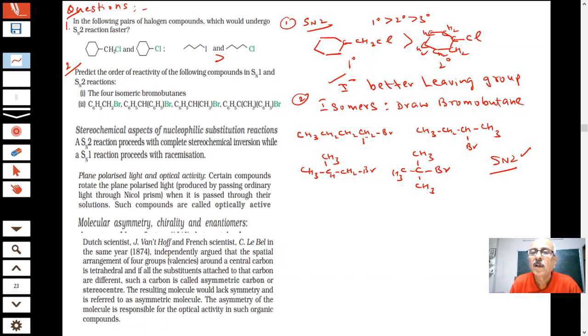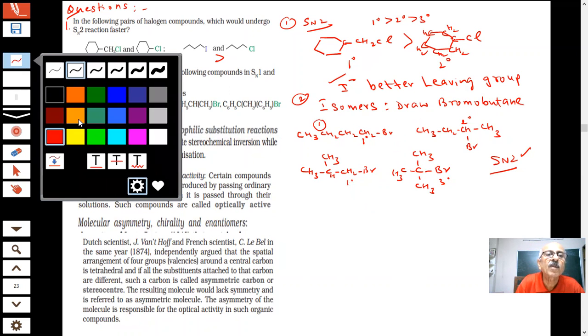First will be the one with the Br on the 1 degree carbon. This is a 1 degree carbon. This is a 2 degree carbon. This is also a 1 degree carbon. I'm changing the color because there is some problem.